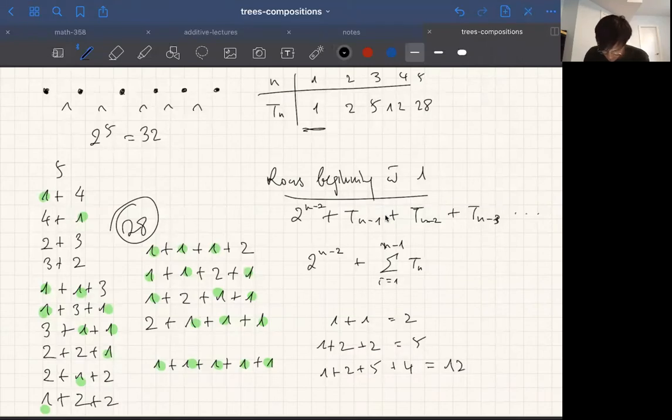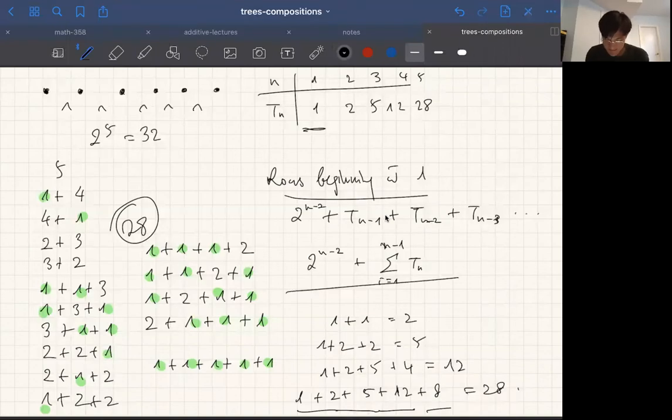Let's do one more. 1 plus 2 plus 5 plus 12, and then we want to add 8. And that gives us 8, 20, 28. This seems to be a correct formula. It's not quite a formula yet, because we want to say that this is Ti.